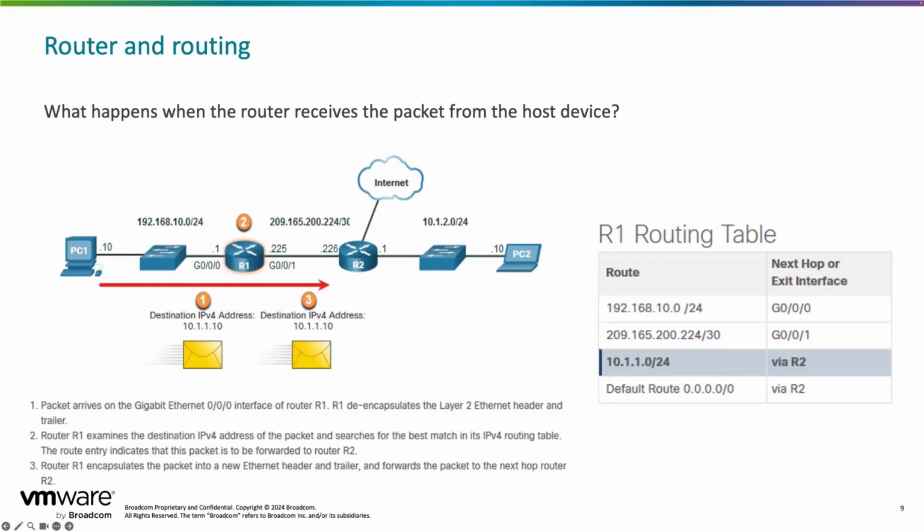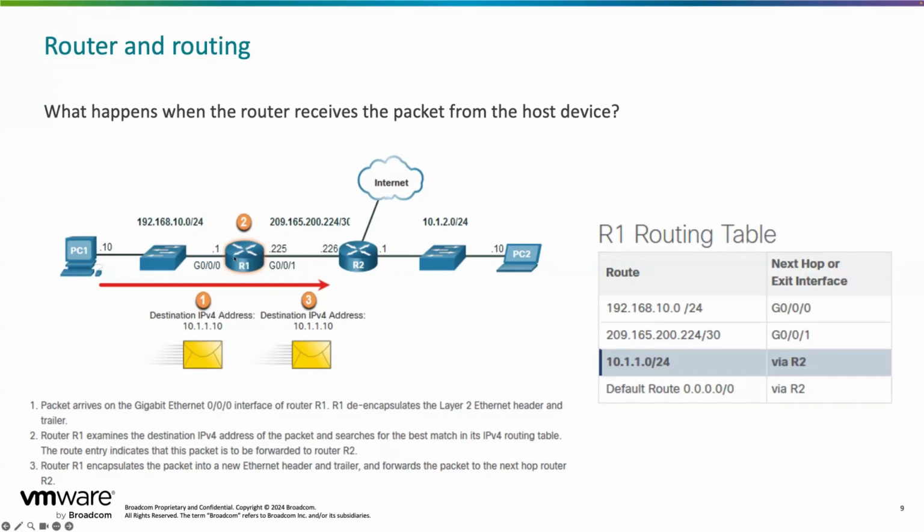In this diagram, PC1 sends out a packet to PC2, but because PC1 and PC2 are in different IP subnets, they have to send the packet to the default gateway as a first step.